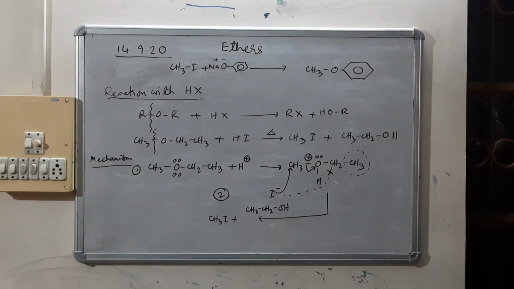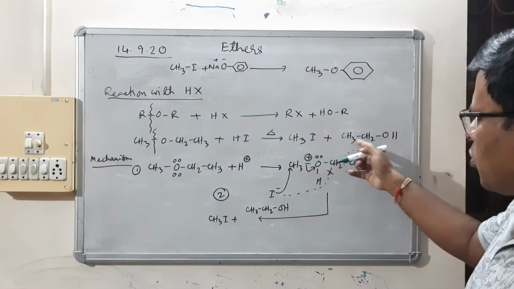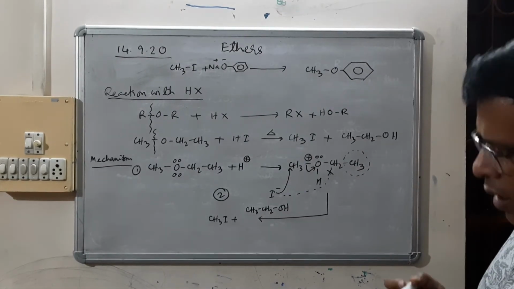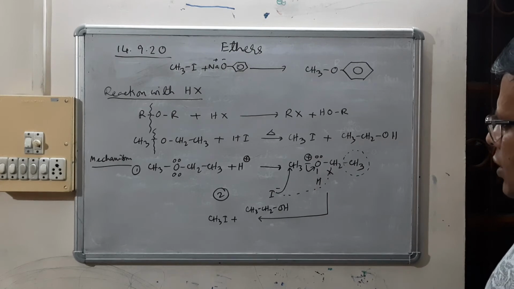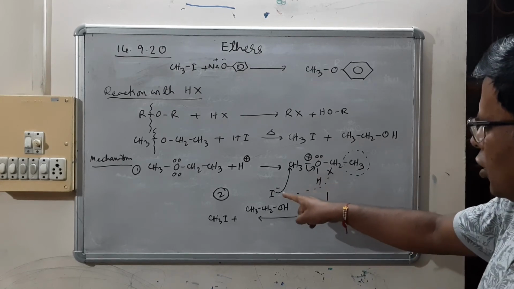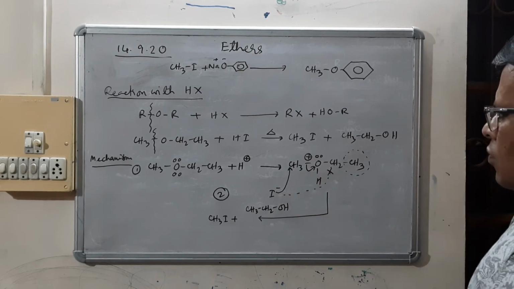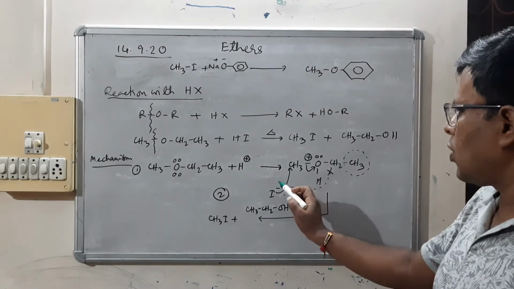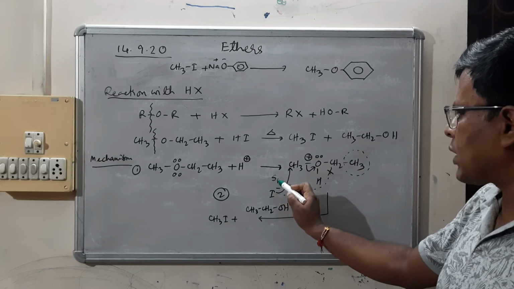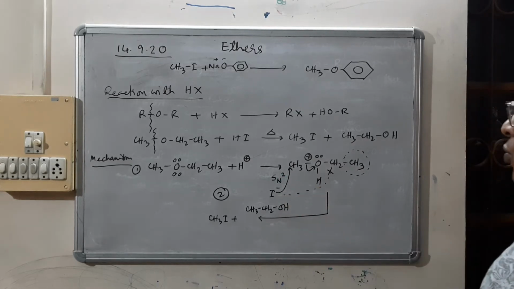So this is how we can explain the formation of products. Very simple two-step mechanism. First step is protonation, and second step is nucleophilic attack, and this is attacking simultaneously while this is breaking. So obviously this is SN2 attack, you have to remember, SN2 attack.